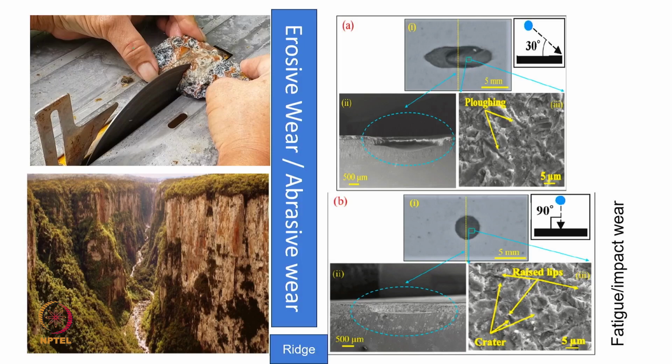Now, look at this abrasive wear in a stone. There is a cutting action by the cutting edge at high speed, and we are able to break the stone into two parts. However, we have also seen the ridges. If I break the stone in two parts using a cutting saw or cutting blade, I will find a regular flat surface, while if erosion is happening on the surface, we find a number of ridges.